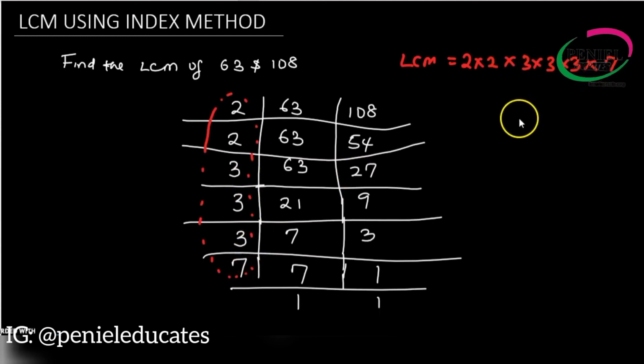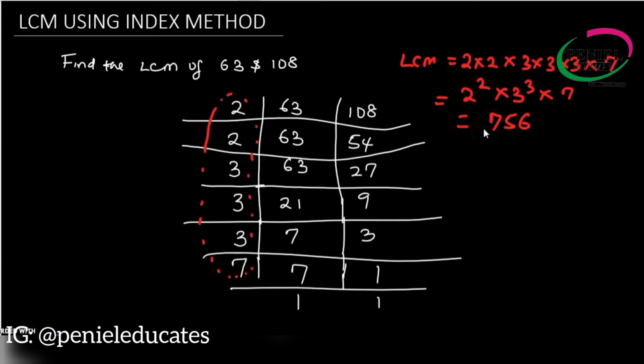That is 2 raised to power 2 multiplied by 3 raised to power 3 multiplied by 7. 2 times 2 is 4, 4 times 27, do your calculation, you're going to get 756. So that is another way of finding the LCM.